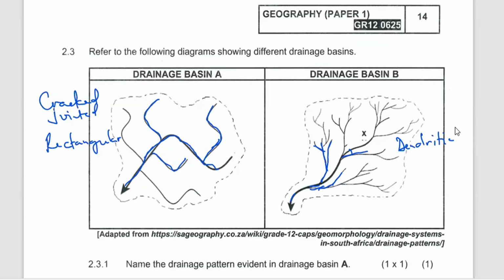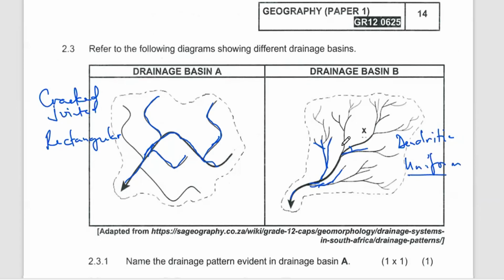And because of the nature of the cracks, they will also tend to determine the type of the flow over the area. They will be following the joints or the cracks of the underlying hard and resistant rock, such that they will end up having this rectangular shape. And here we have rocks of uniform resistance. That is why we tend to find the pattern forming like that with acute angles. The rocks will be of uniform resistance.